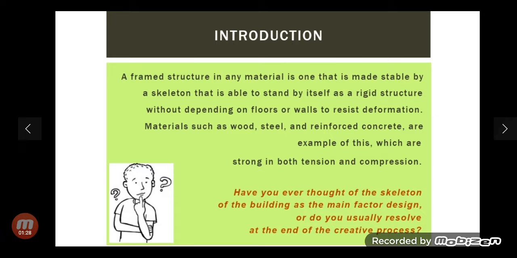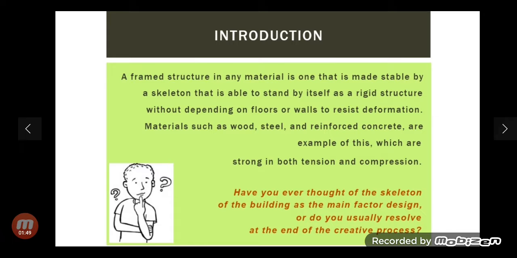So, framed structure, can we think about a human body without a skeletal system? That is, the whole skeletal system is keeping the body in shape and in a rigid, stable condition.